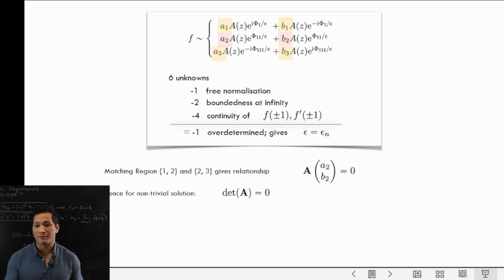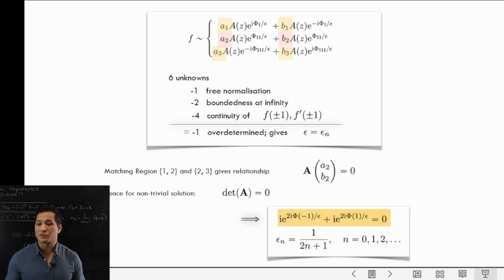And you have some kind of matrix equations or some kind of linear relationship between A2 and B2 that you have to satisfy. And then for a non-trivial solution, you need that determinant to be equal to 0. And then that essentially gives you the eigenvalue condition. Okay, so when you put it all in and then you have to juggle all the phi's together and the a's together, it will give you the result that you see highlighted there.